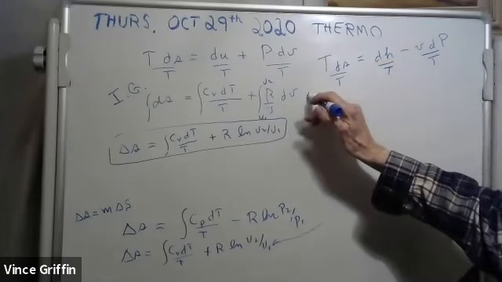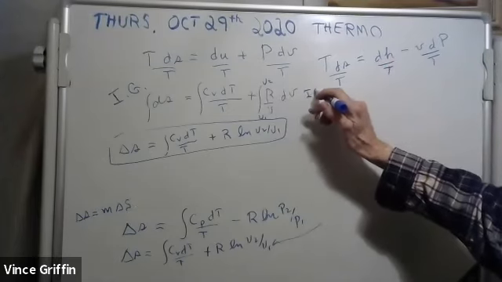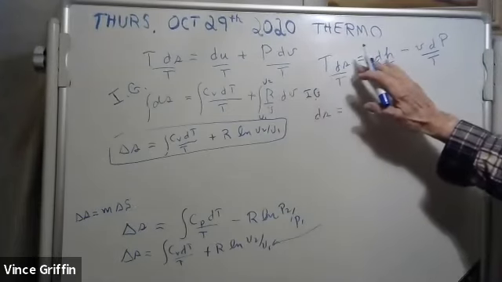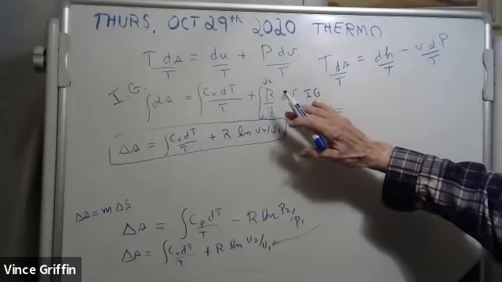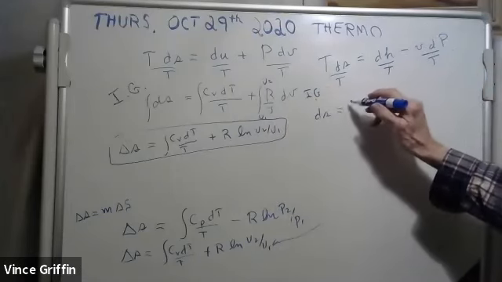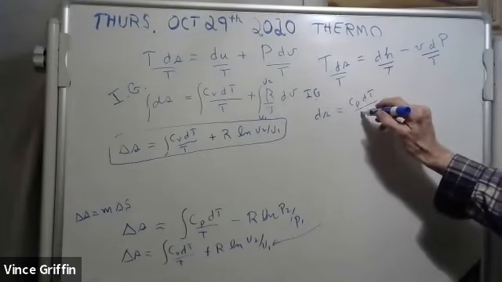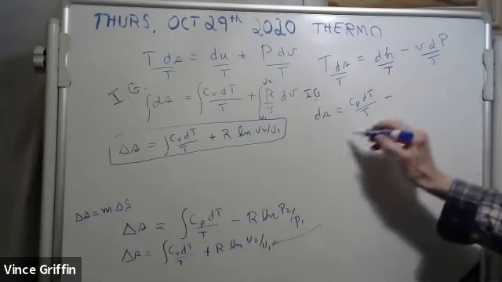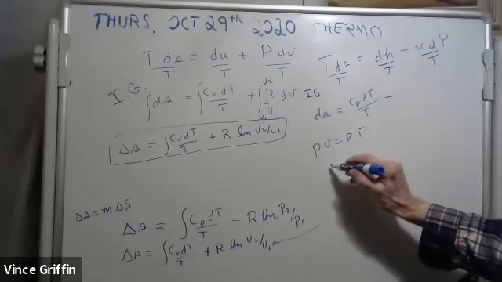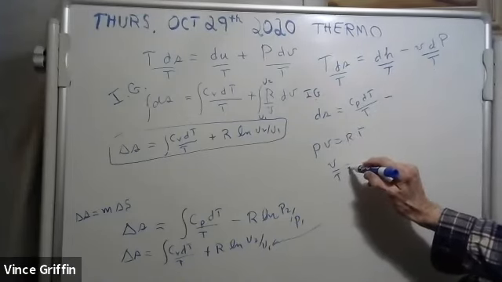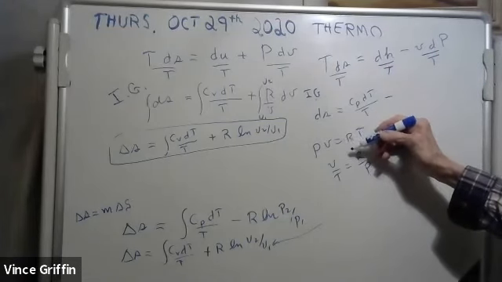Now if you have air, let's throw in the idea that you have an ideal gas. You don't need an ideal gas for that. That's good whether you have an ideal gas or not. But if you have an ideal gas, you could write this as C sub P dT over T. And watch it, if you have an ideal gas, then PV equals RT, and V over T is equal to R over P. Can you get from here to here?